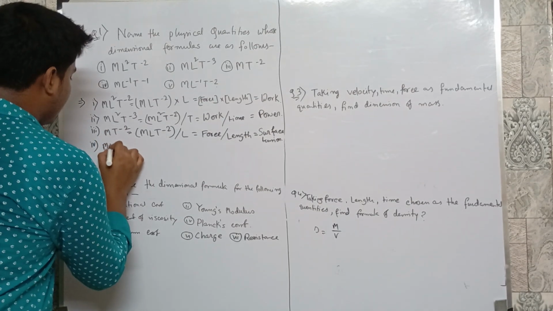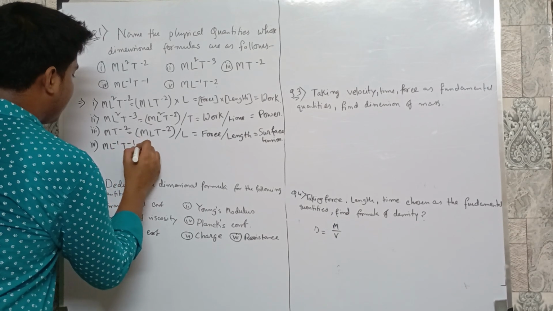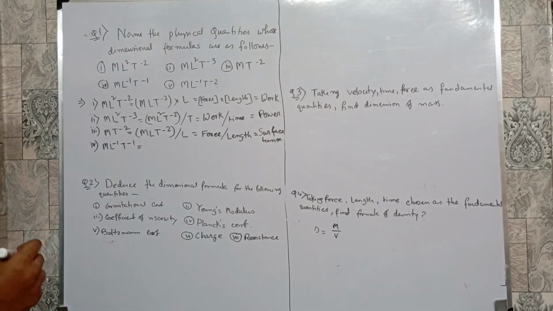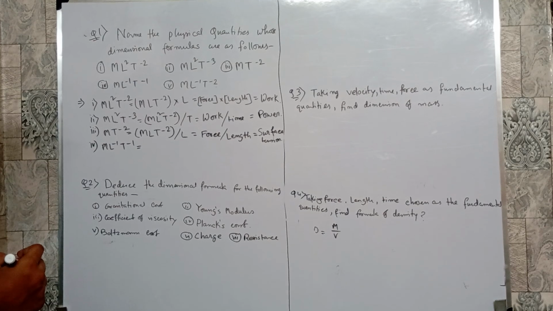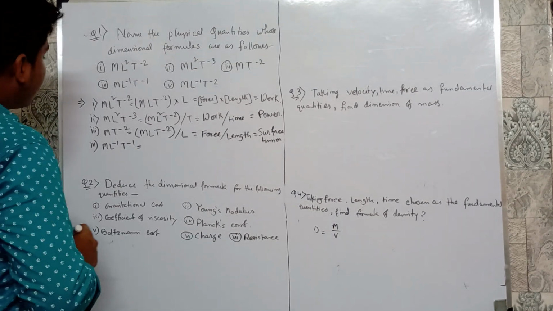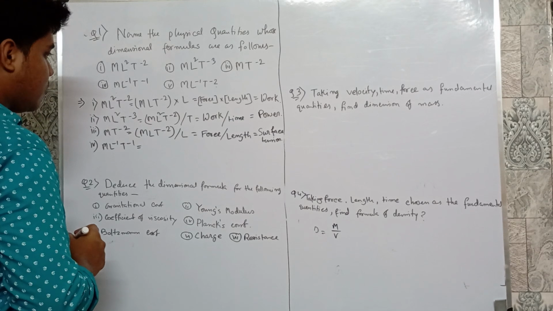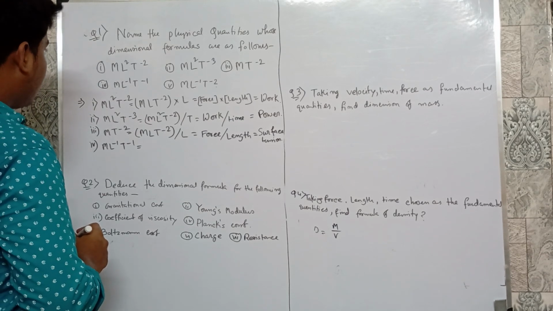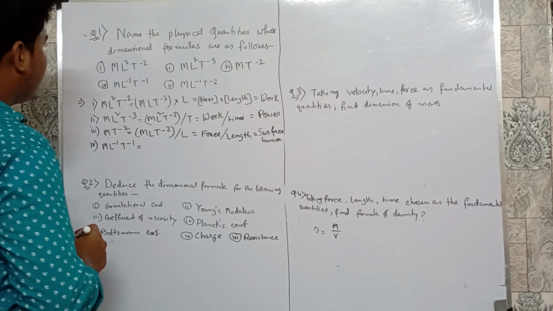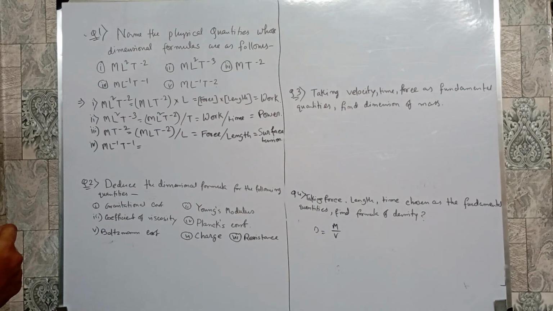Next is M L minus 1 T minus 1. So mass per unit length, it is basically M L minus 1 T minus 1.